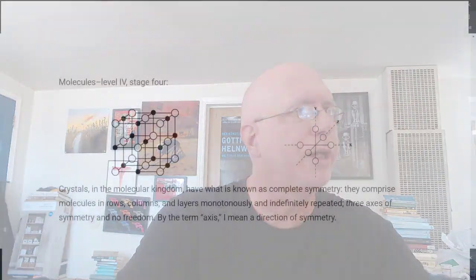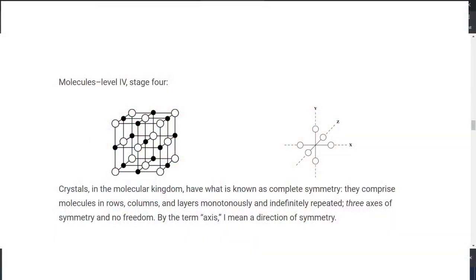Okay, so then now he introduces this concept of symmetry. So we need to look here at our first diagram, which has to do with what he calls complete symmetry. This is at the level of molecules. This is the nadir of the V-shaped arc. And this is called complete symmetry, in which all the molecules are laid out in rows, columns, and layers.